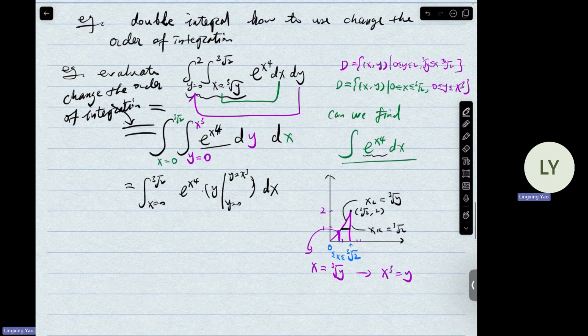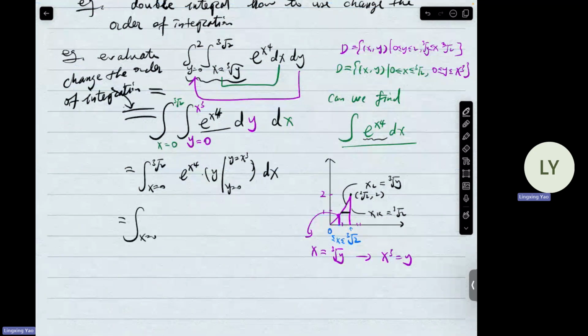So this is what we get. And now we have e to the x to the 4 times x cubed, and then subtract essentially 0, because y is 0 for the lower bound.